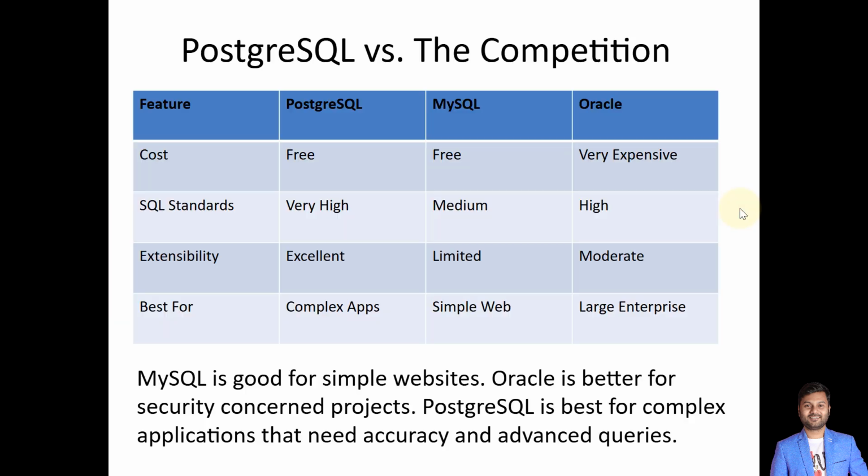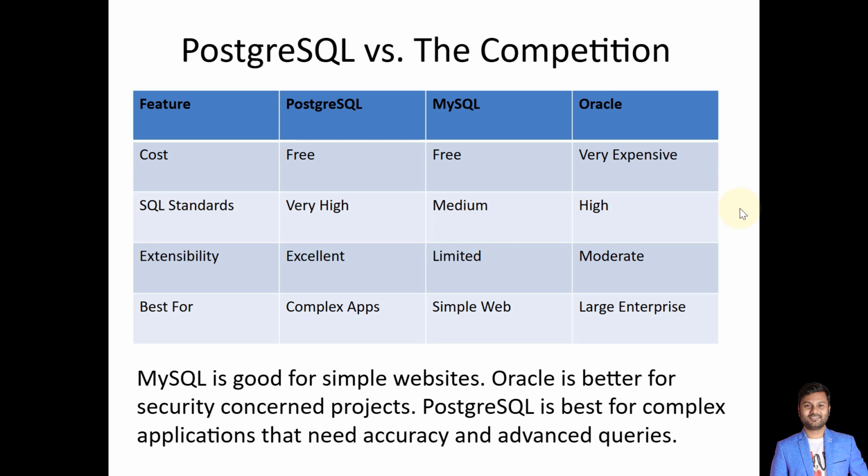So here are the comparisons between PostgreSQL and the competitions in the market. So the first thing is cost. PostgreSQL and MySQL licensing cost is free, but Oracle is very expensive. And SQL standards, PostgreSQL is very high, MySQL is medium, and Oracle is high. And extensibility, PostgreSQL is excellent, which is one of its biggest features.